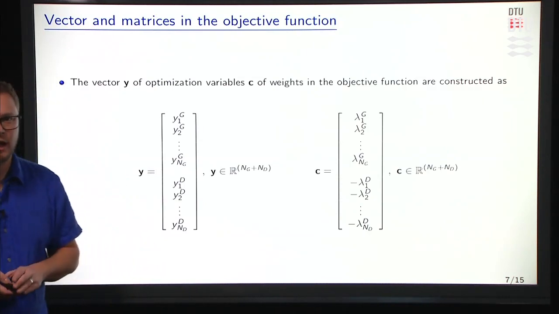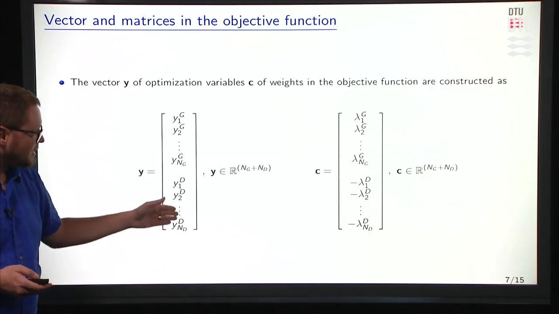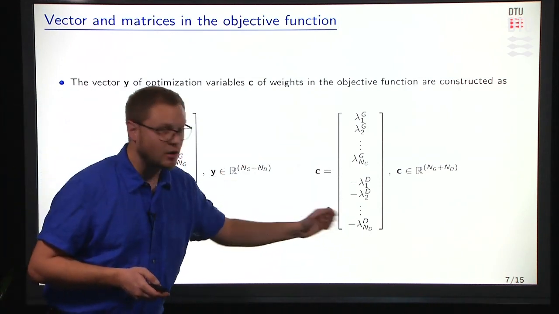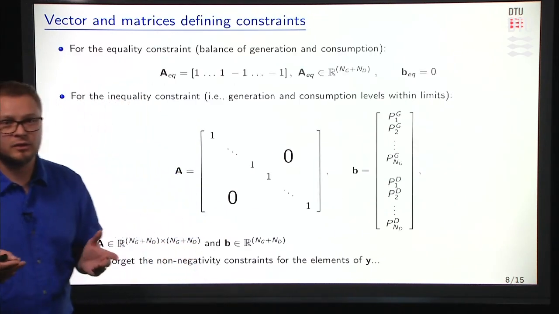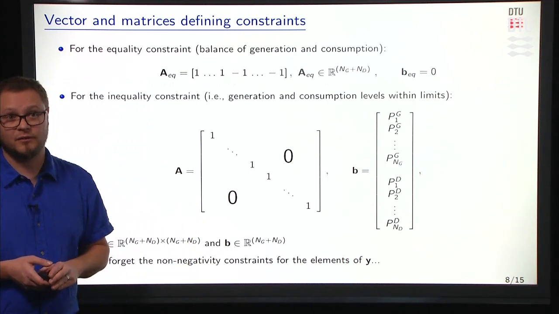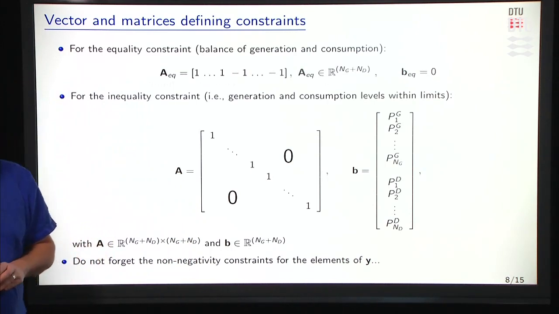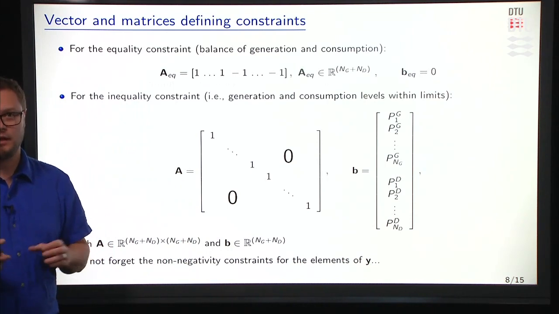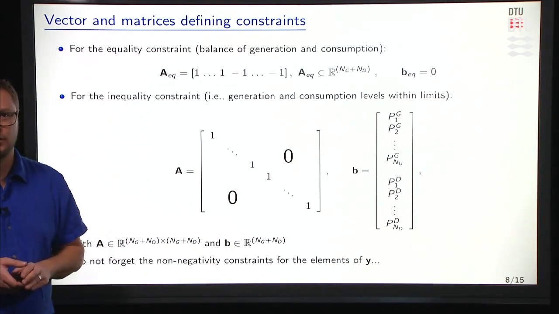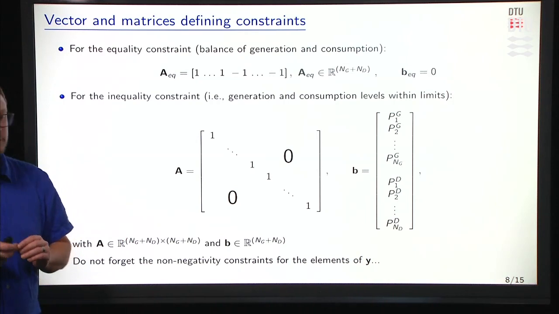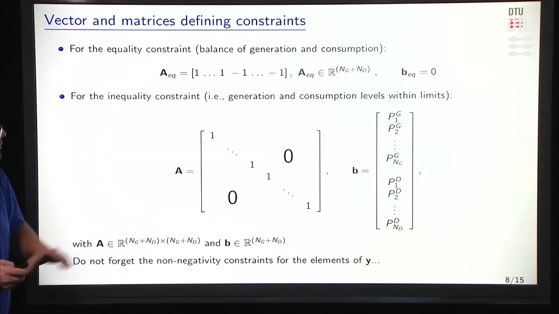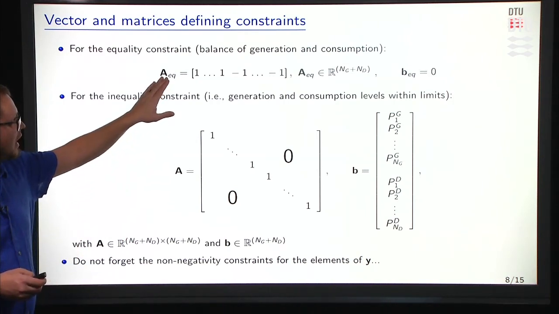Now that we have defined this vector of decision variables and the vector of cost parameters, we need to define the relevant matrices and vectors for the constraints. The first constraint that is relevant to us is our balance equation, that is the equilibrium between supply and demand. For this equilibrium, we can define actually a vector.